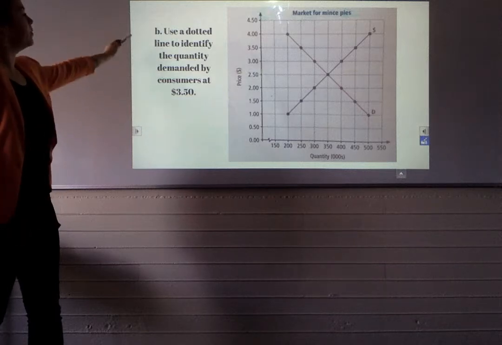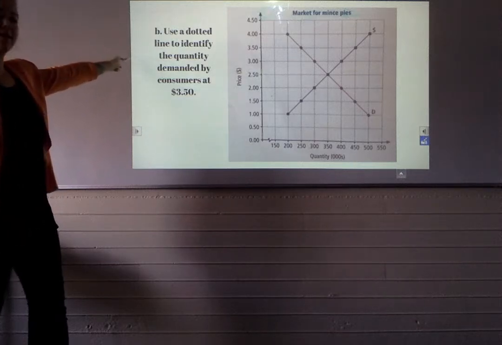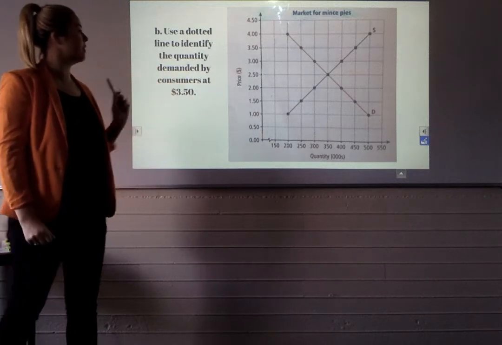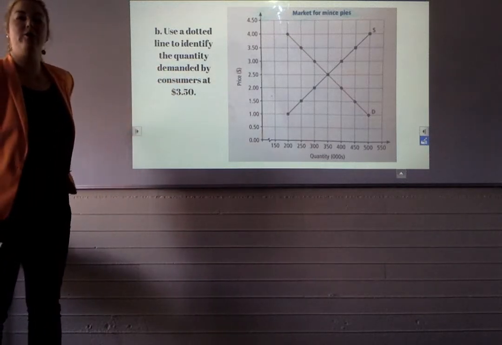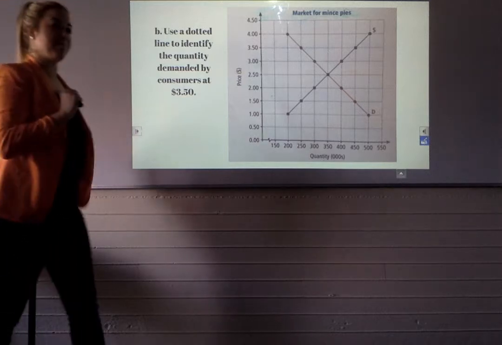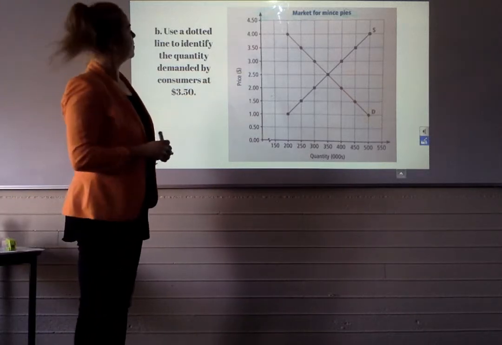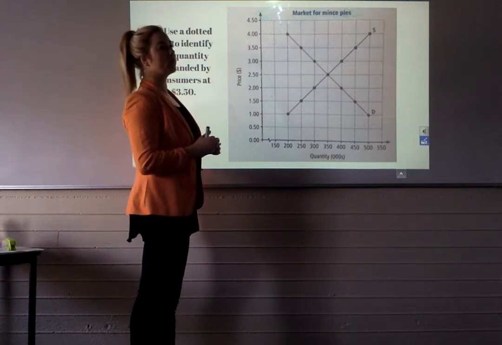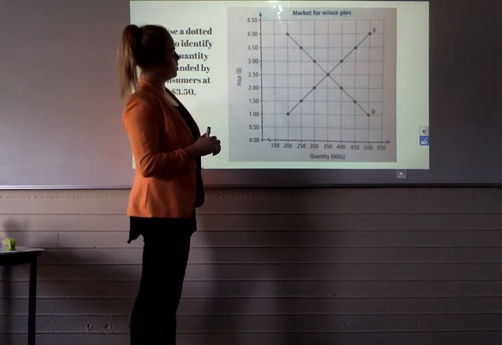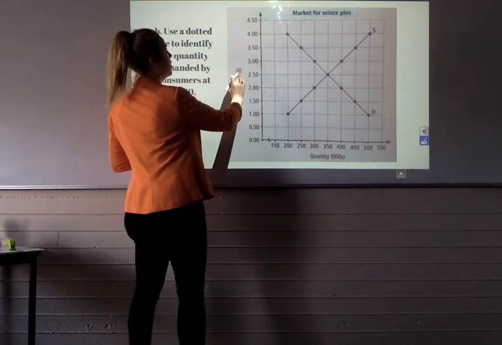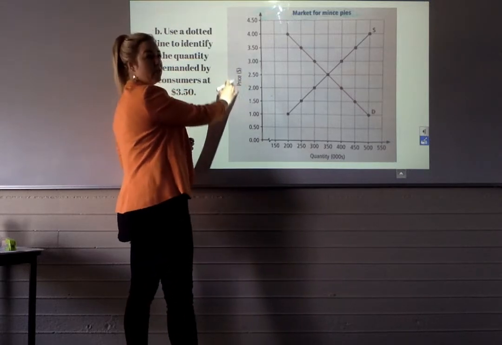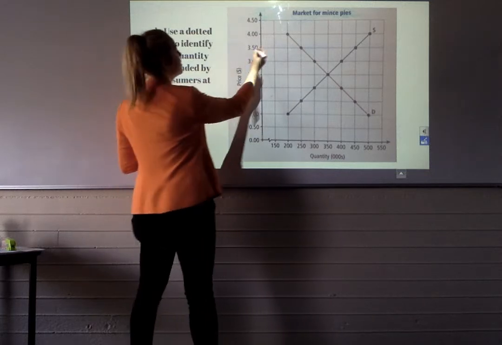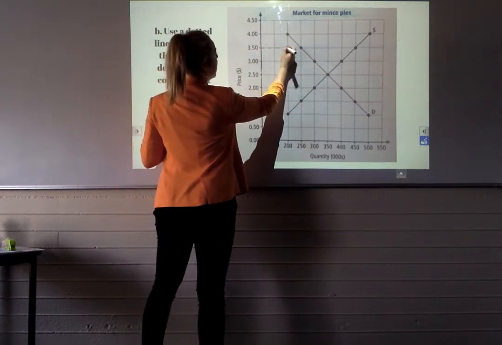Let's, for example, use a dotted line to identify the quantity demanded by consumers at $3.50. Tell me what I would do to find this. Do you see where the 350 is for the red line? Mm-hmm. Do you do a dotted line across? Correct. So start at your price. You always start on the y-axis at the price point of $3.50. That's what it's asking us. Do our dotted lines across.